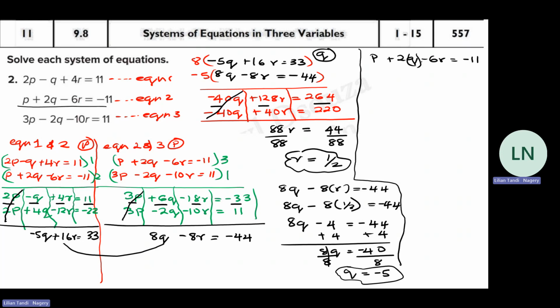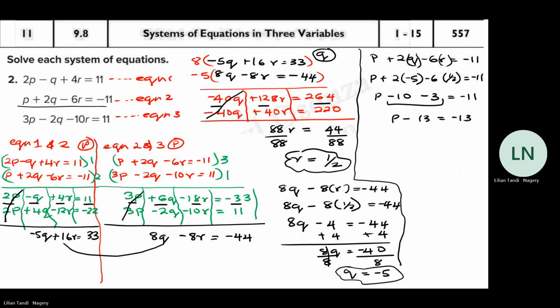I know Q and I know R. P plus 2 times negative 5 minus 6 times half equals negative 11. P minus 10 minus 3 equals negative 11. P minus 13 equals negative 11. Plus 13 plus 13. P equals how much? 2.